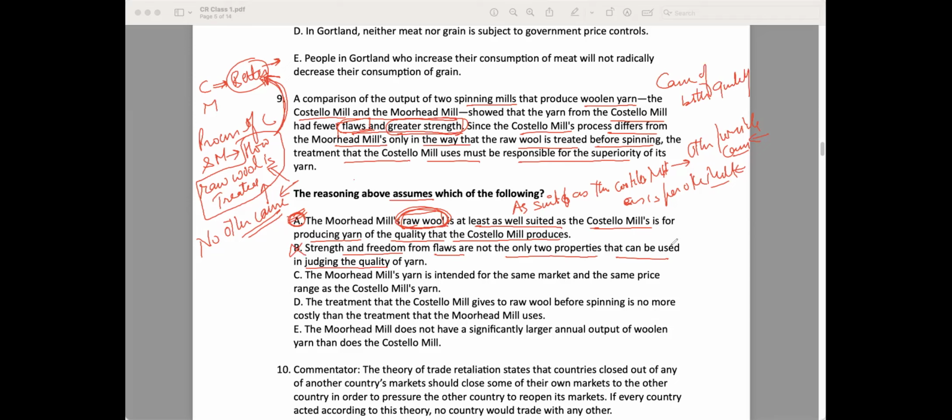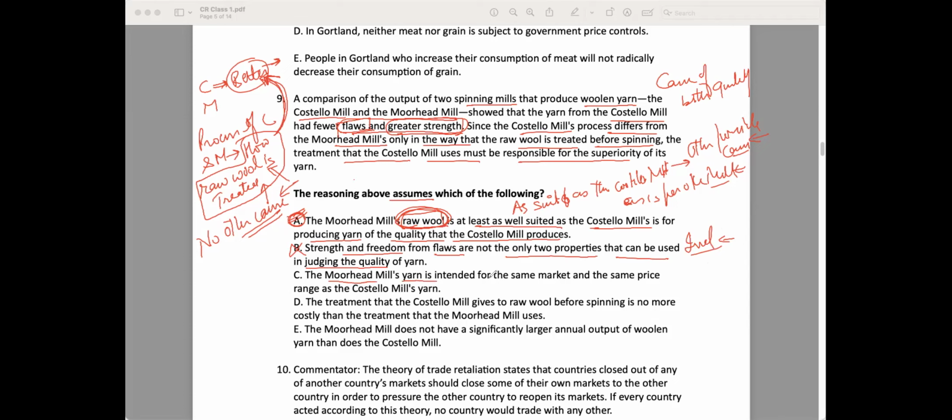Argument is not whether the quality is better or not actually. Getting the point, Mansi? Yes, sir. That's irrelevant to the discussion. What we're saying is, assuming the quality is good, what is the cause of that good quality?